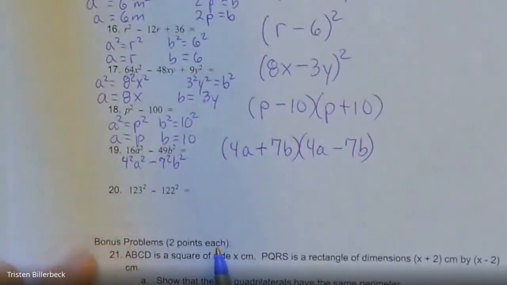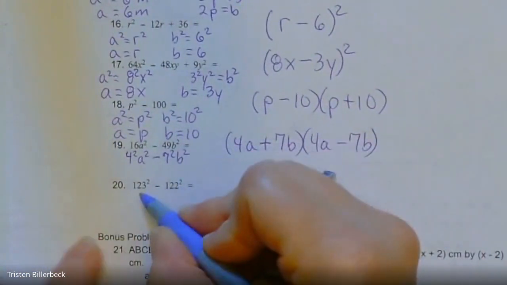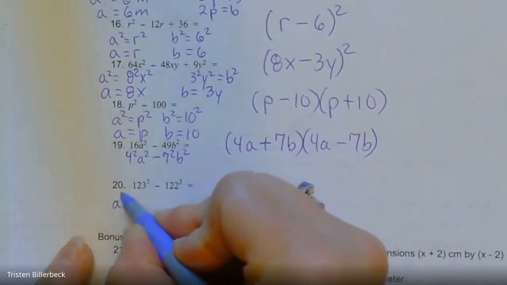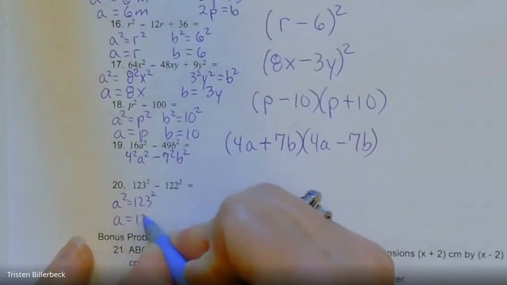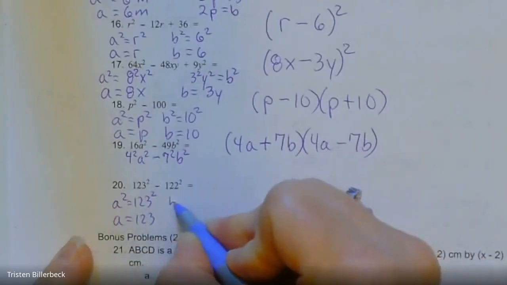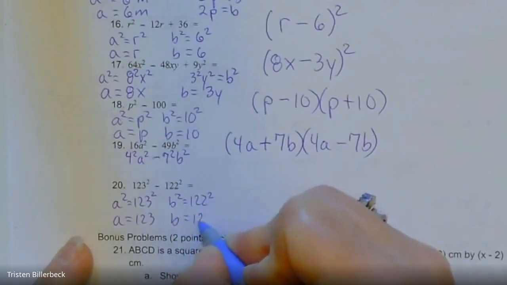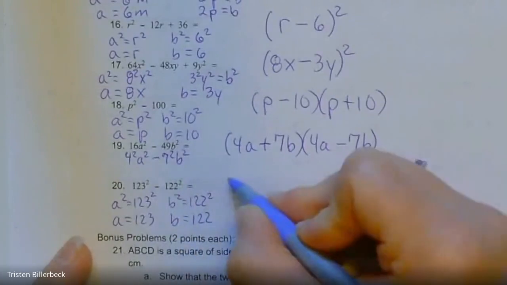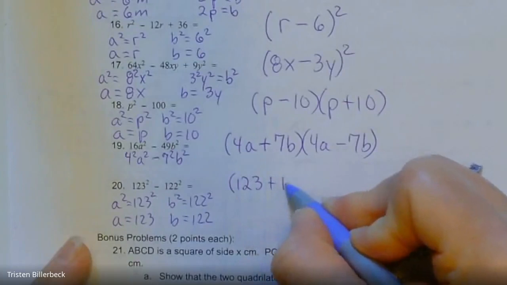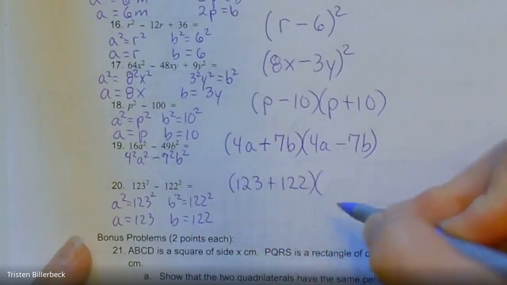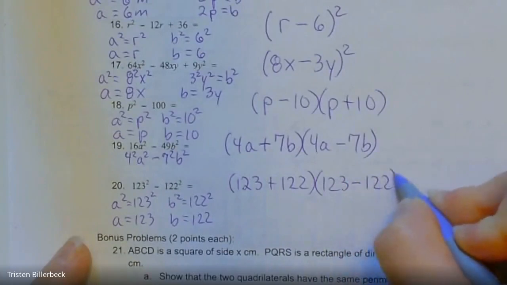All right, now to do the number magic. Okay, so this one, well, a squared is 123 squared, so a is just 123. B squared is 122 squared, so b is just 122. We have a difference of squares, so we're going to write 123 plus 122 times 123 minus 122.